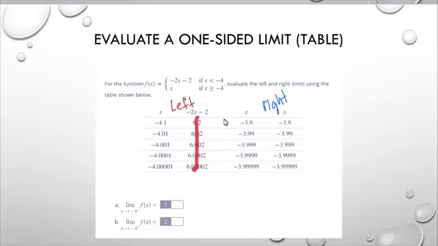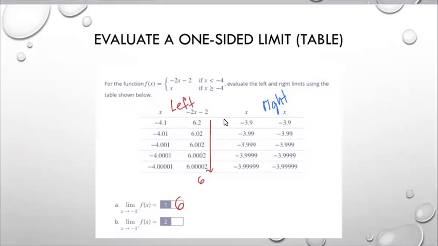These values are approaching 6. So the limit as x approaches -4 from the left is 6. Again, you have to watch for the pattern and observe that these numbers are approaching 6.